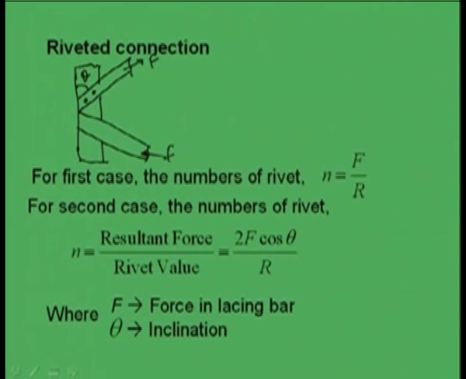Say we are providing rivets here. For this, the number of rivets can be found from N equal to F by R, where F is the force exerted in the lacing bar, whether tension or compression, and R is the rivet value. So from this we can find the number of rivets for the first case.